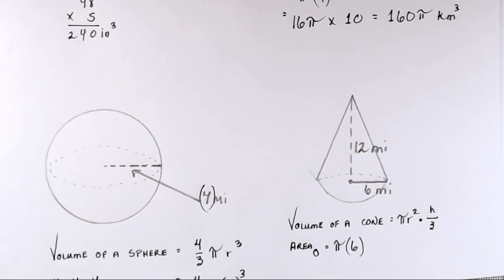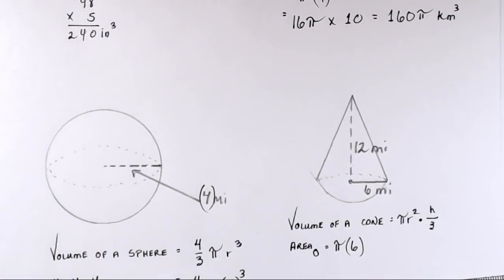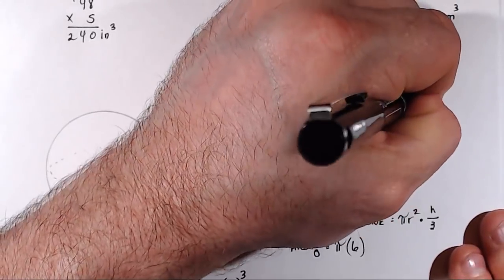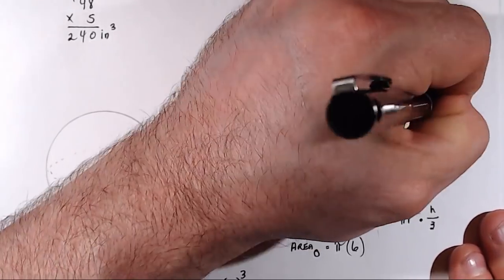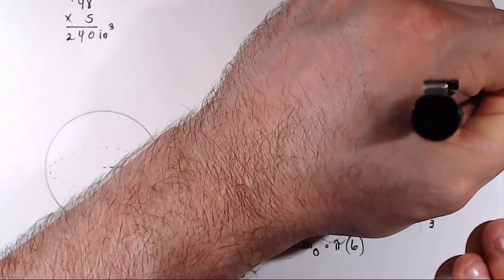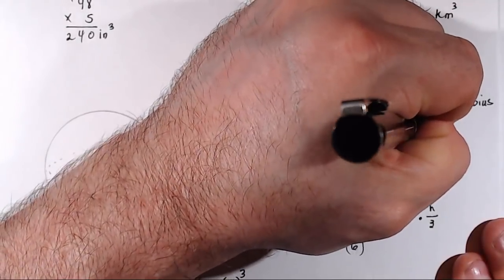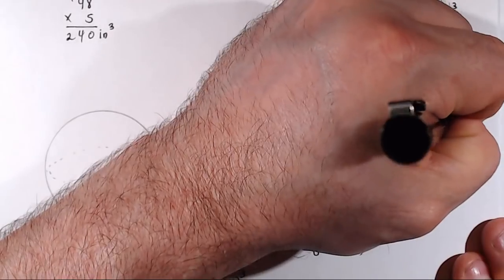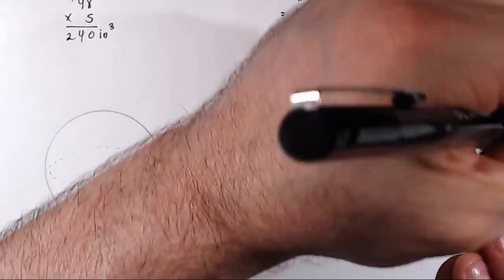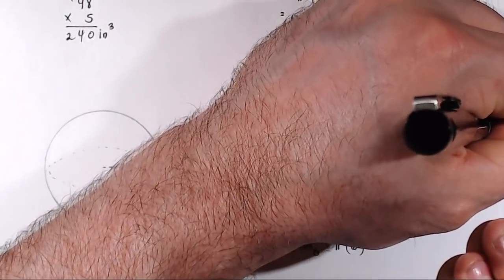They gave us that the diameter was 12, so we take half the diameter. 12 divided by 2 equals 6. That's the radius, which equals 1/2 the diameter. We were given the diameter.